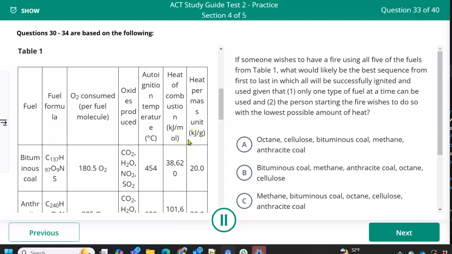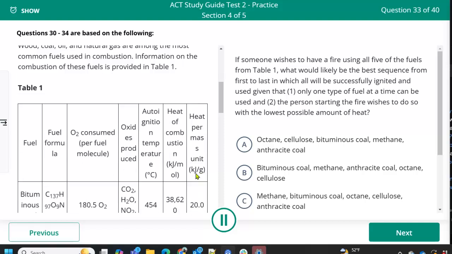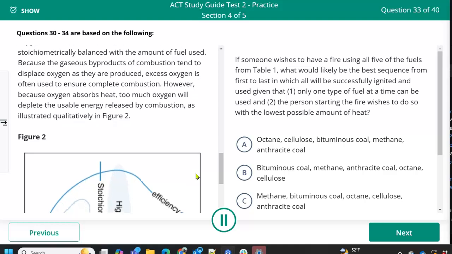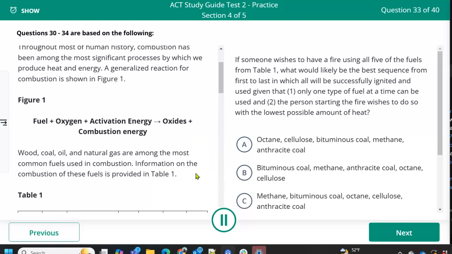Let me think about this. Heat per mass? No. We want to ignite it. Heat of combustion, I don't think that's right. Let me see this. Where is that thing again? All right.